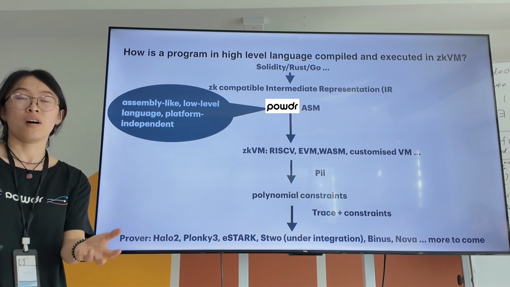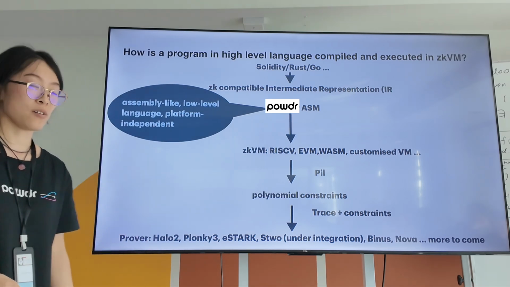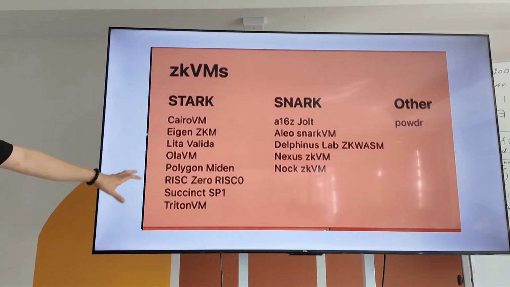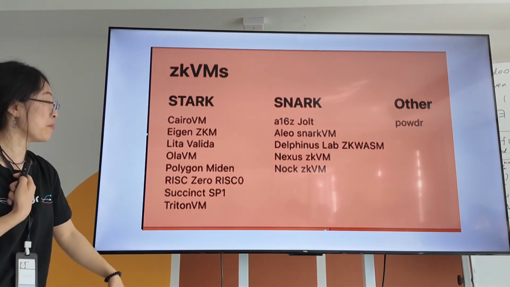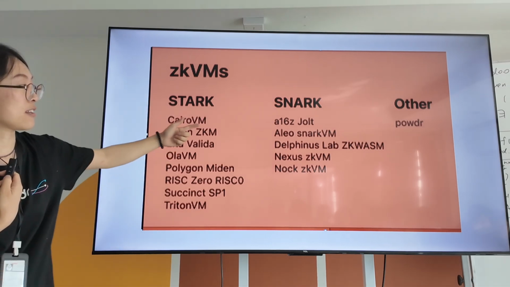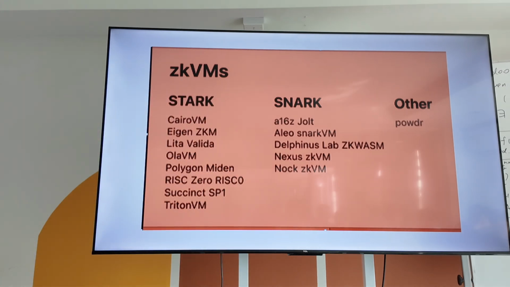Basically, at the end you just choose, I want to use Stark to prove my system. I like to show this picture because these are different zkVMs people build, and they fall into the category of Stark and Snark, and Powdr is a unique non-binary option.